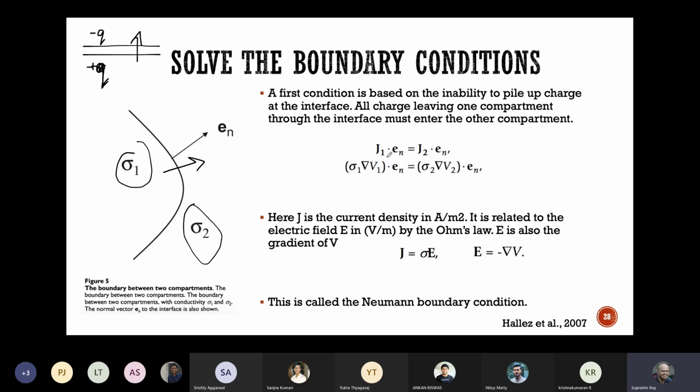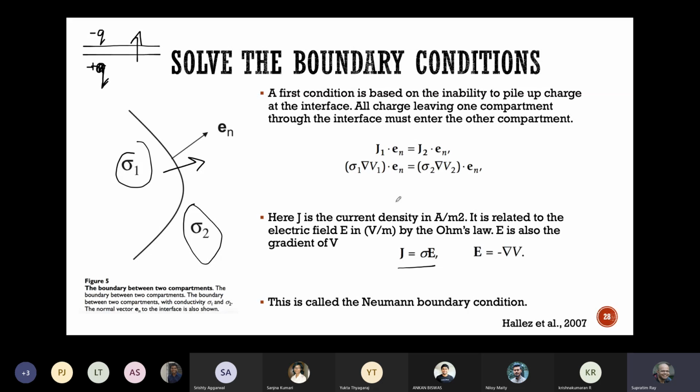Now, I can compute the currents from the electric field using this formula: the conductance multiplied by the electric field is what is called the current density. It is a vector like the electric field.